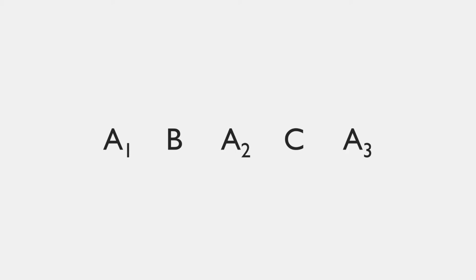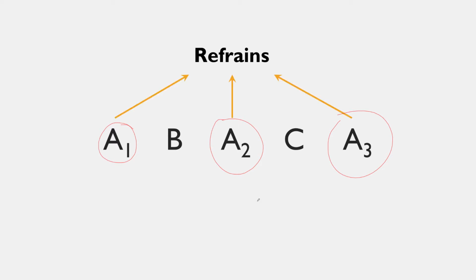In the rondo structure, the A sections are our home, and the B and C sections, the contrasting sections between A sections, are varieties. The A sections are called refrains, and the contrasting sections between them are called episodes.